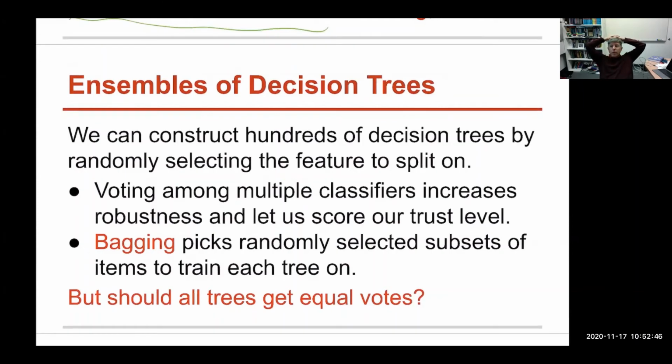So what else is interesting about decision trees? Again, there are many decision tree algorithms. Once we fix an algorithm, we can construct many decision trees, collections of decision trees, by randomly selecting which feature to split on. Note that in the tree I had before, with the Titanic split, the first split was based on whether they are male.